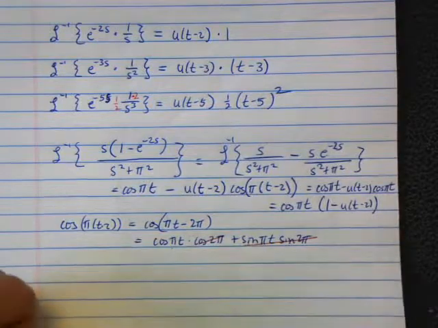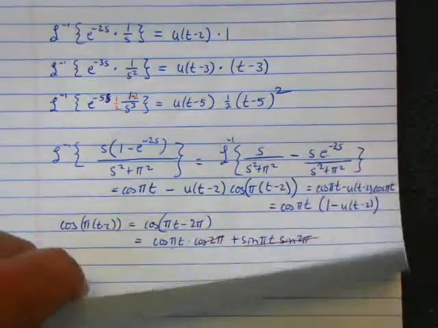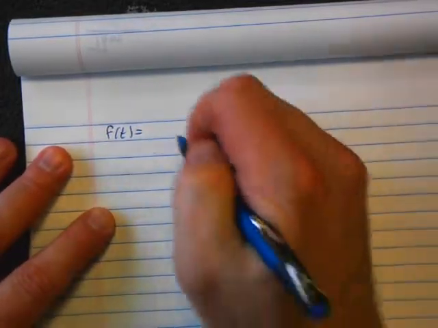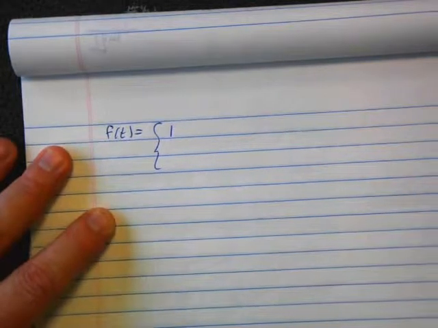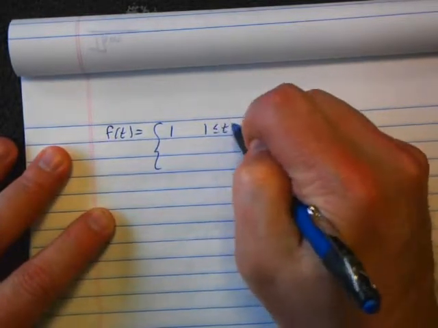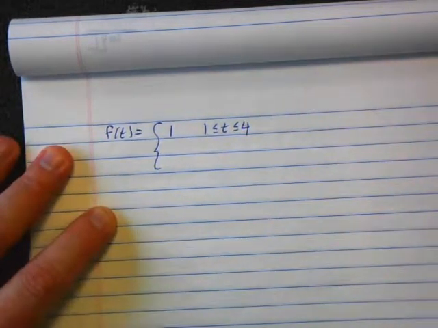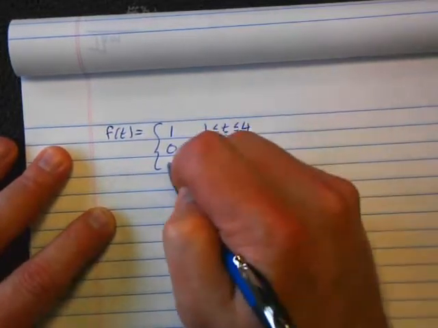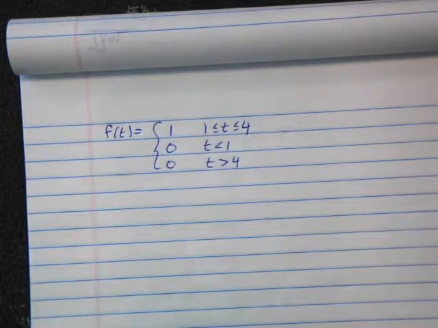Oh, but now we got to do some Laplace transforms. So far we've only done inverse Laplace transforms. F of t is 1 if t is between 1 and 4, and f of t is 0 if t is less than 1, and f of t is 0 if t is bigger than 4.